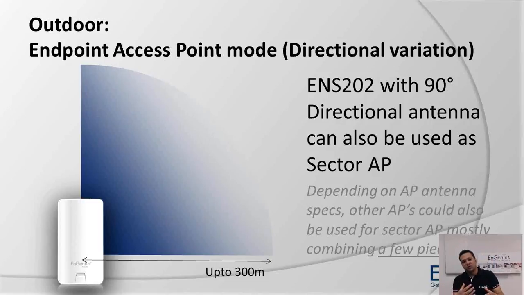Even if we want to use an access point to give wireless access to clients, instead of giving an omnidirectional deployment with one, two or three antennas, we can also do something else, and we call it sectorizing. And even if you use a directional antenna, you can still have an omnidirectional deployment if you combine a few access points together.